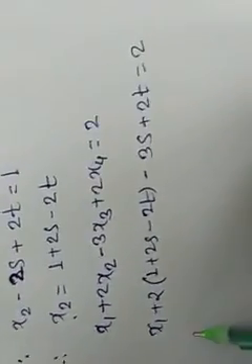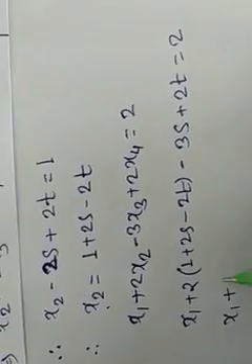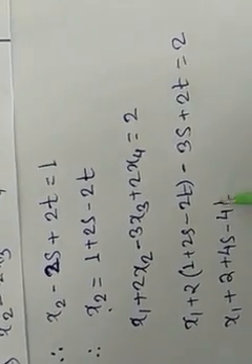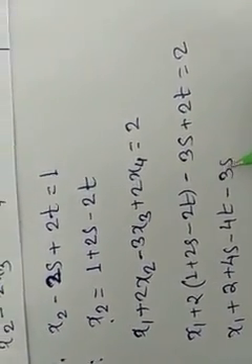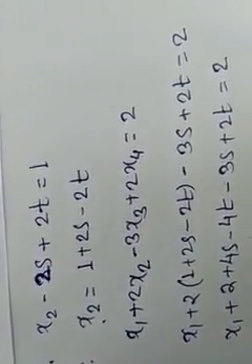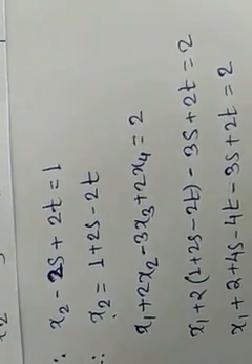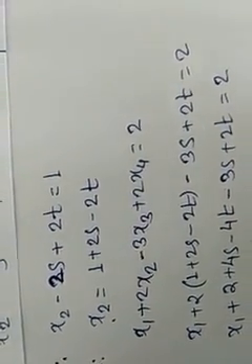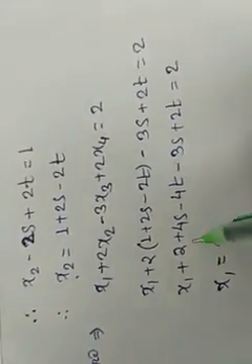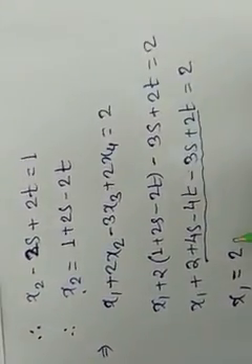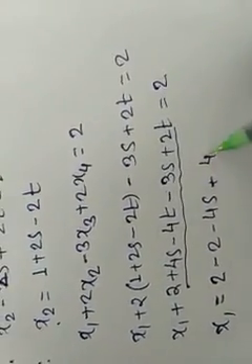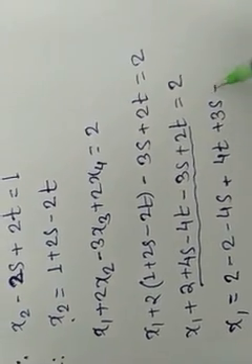So we get x1 plus 2 plus 4s minus 4t minus 3s plus 2t is equal to 2. Shifting all these values to the right side, x1 equals 2 minus 2 minus 4s plus 4t plus 3s minus 2t.